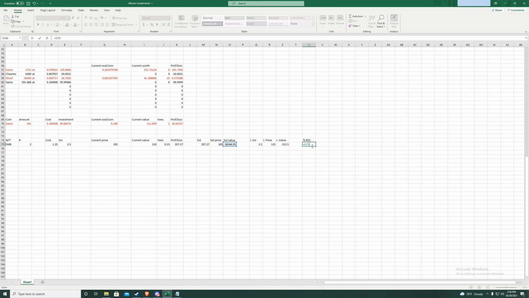Sorry, this will just be ROI. That will be 38,344 divided by S75, and we'll see 122.7038x. That is the multiplication of the initial value to our current value, 122.